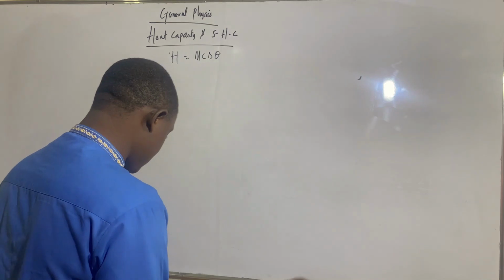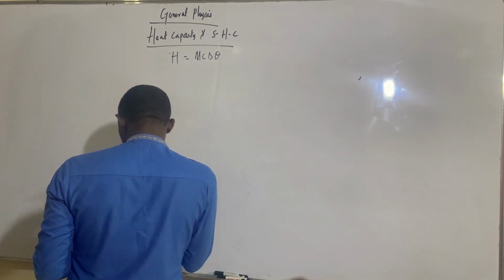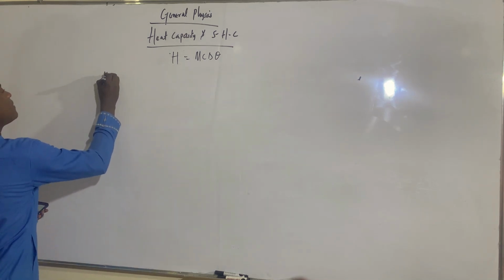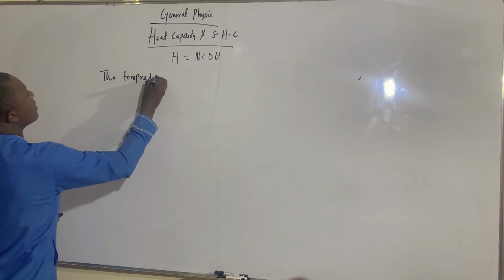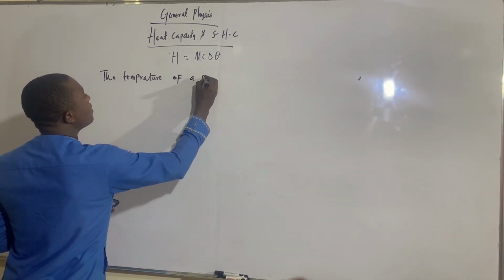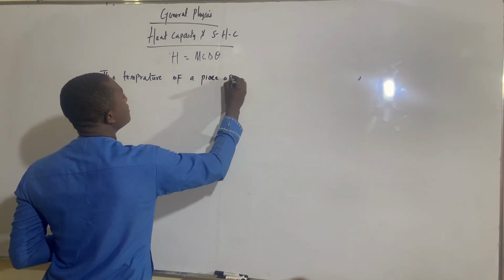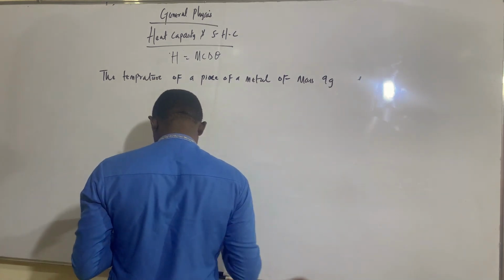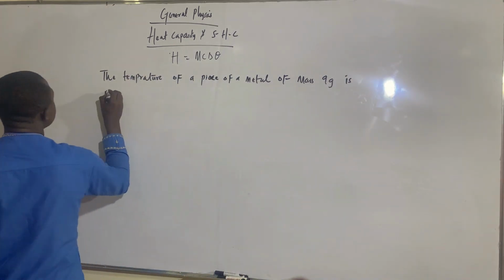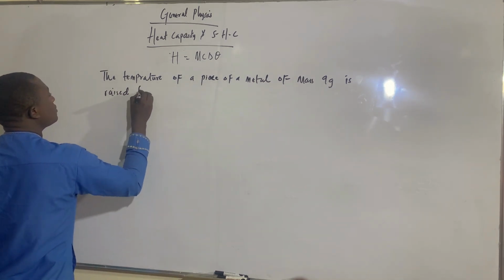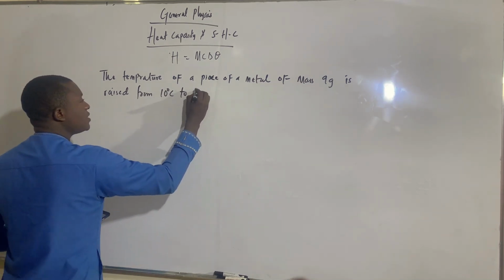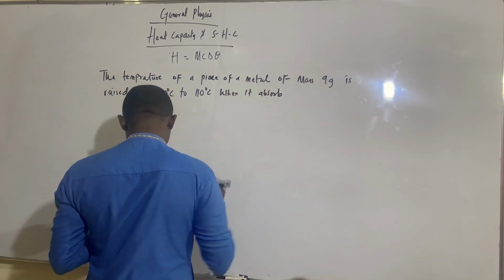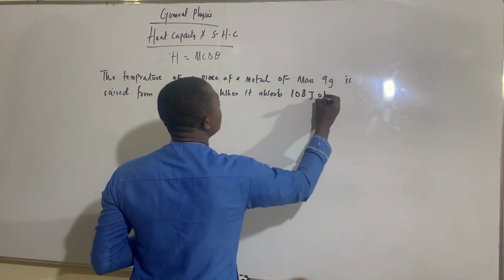So let's look at another problem. The temperature of a piece of a metal of mass 9 gram is raised from 10 degrees Celsius to 110 degrees Celsius when it absorbed 108 joule of heat energy.